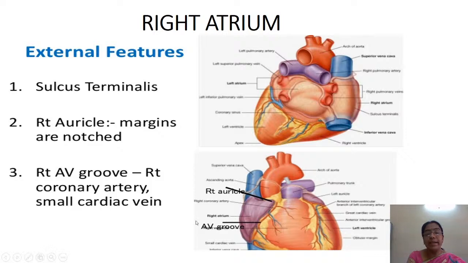So this is about the external features of the right atrium: the sulcus terminalis, the auricle with its notched margins, the ear-like extension, and the groove between the atria and the ventricle, called the atrioventricular groove.